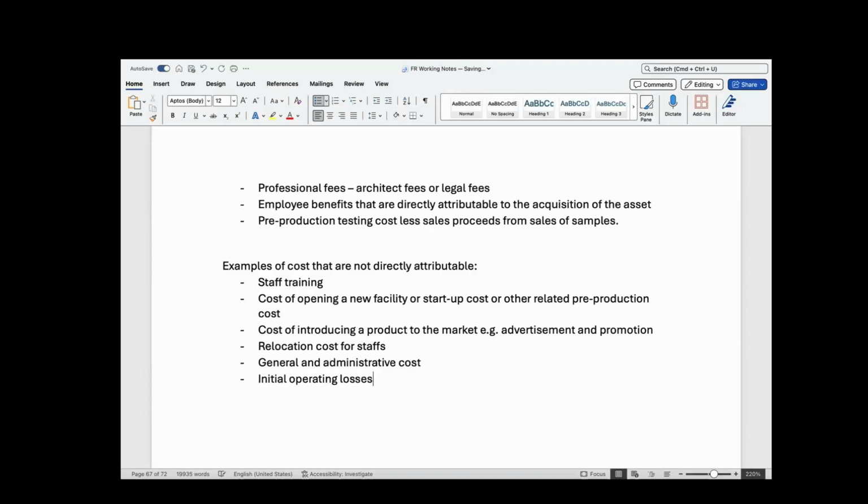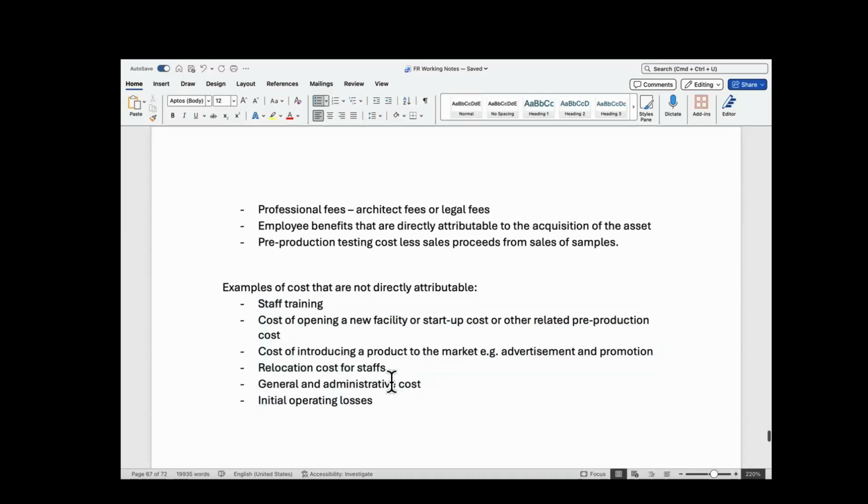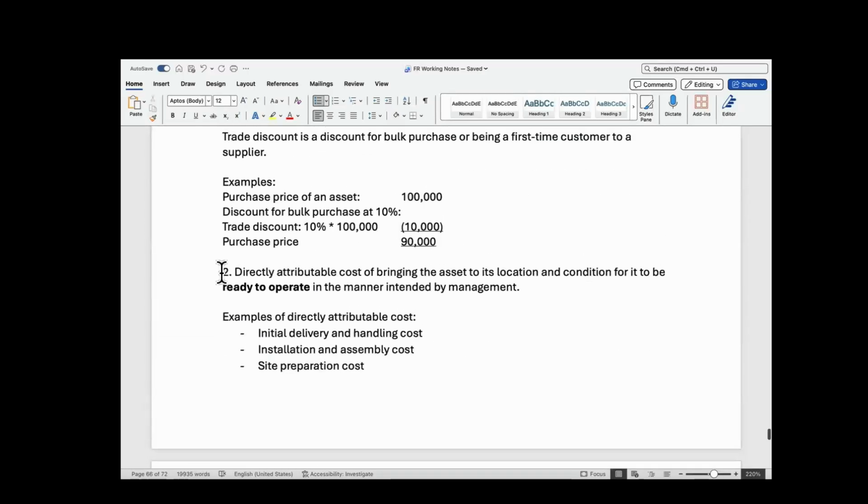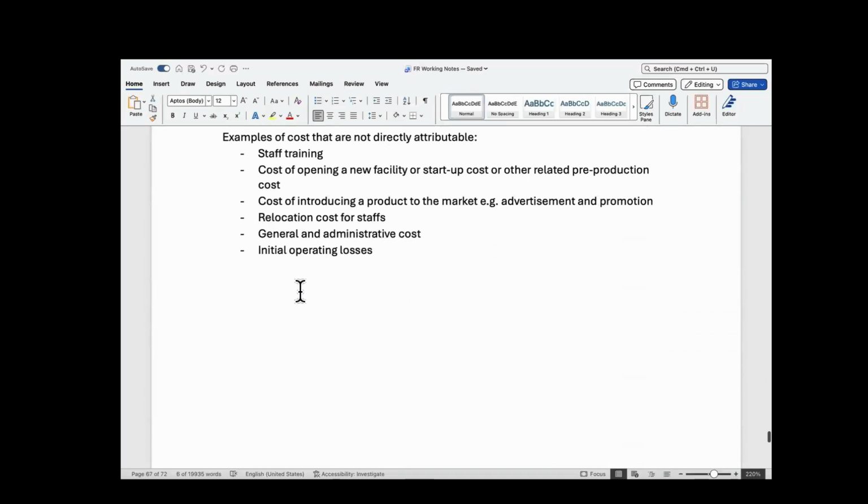You started using the assets, you are incurring losses, they are all expensed. So it's important we mention this, and it's important you know it. It can earn you 3 marks in the exam in case I decide to ask you. So that is number 2, directly attributable costs.